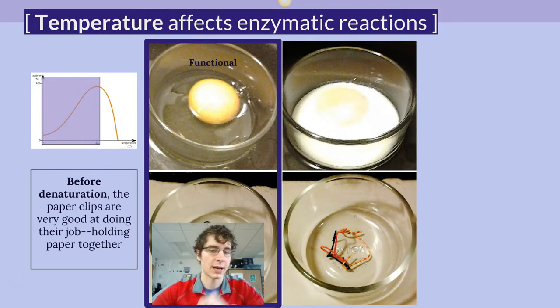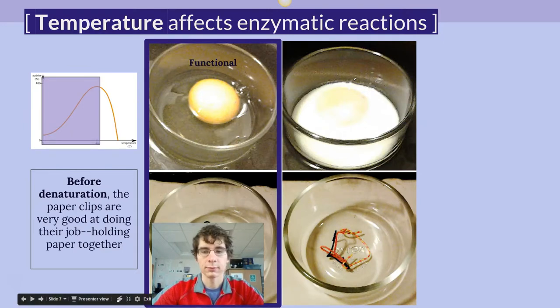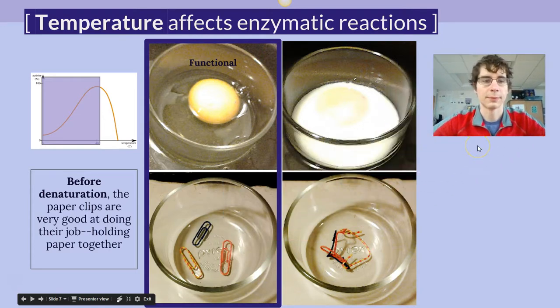Okay, so here we've got an example. We've got egg. It's made out of proteins. In this case, we're also modeling what a protein would look like. So here we have a real protein in the egg, and here we have fake protein that we're modeling with paper clips.